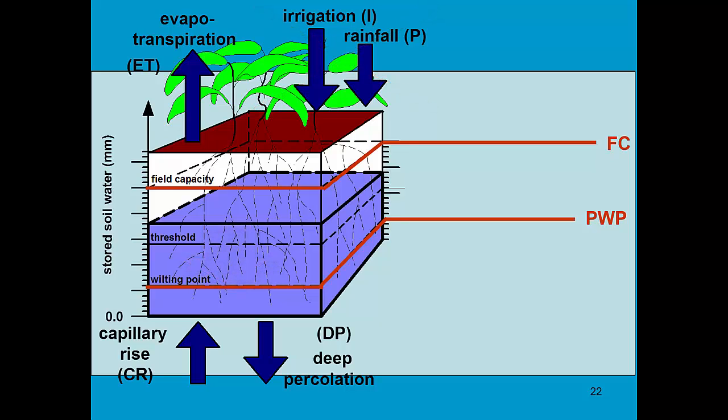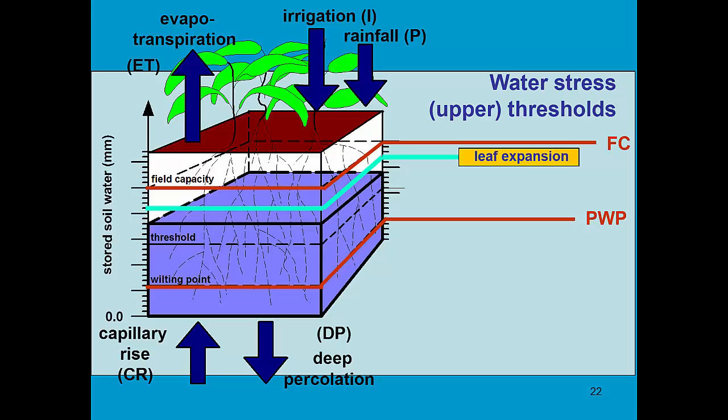Now, to describe the effect of water stresses on canopy development, AquaCrop considers various thresholds. The first threshold is a threshold for leaf expansion, which is indicated here by the green line.